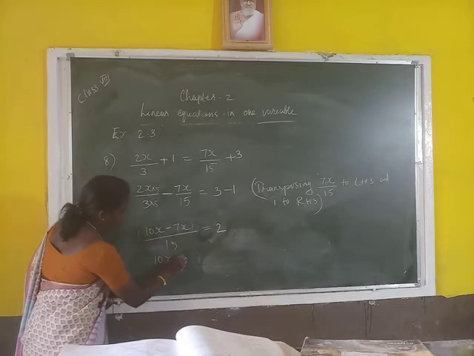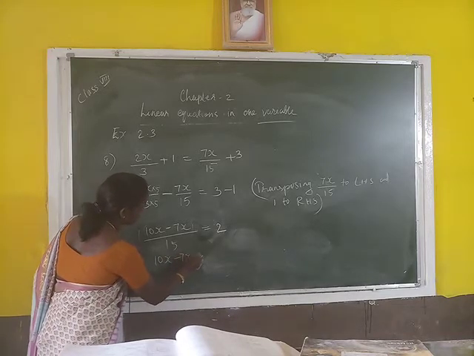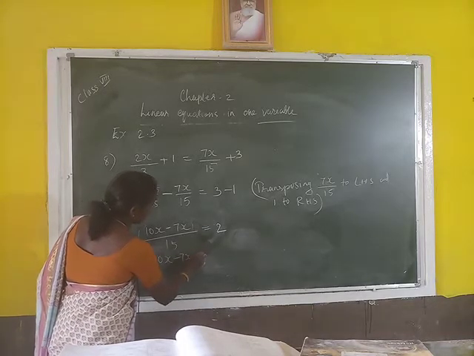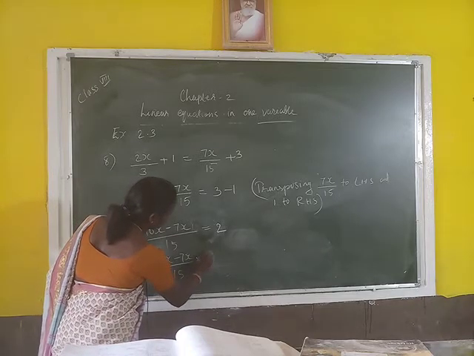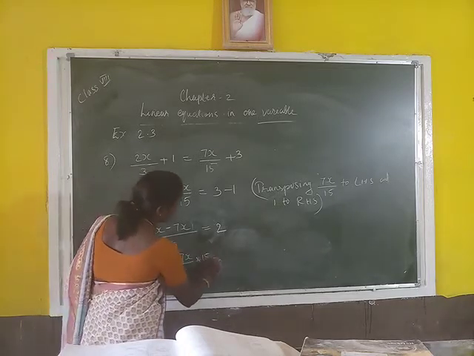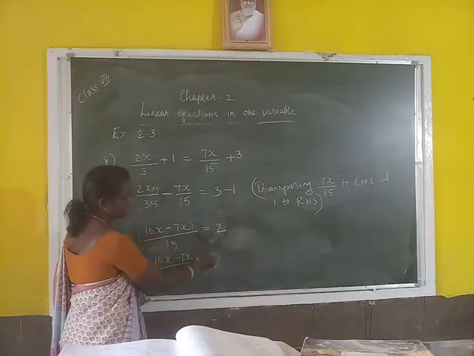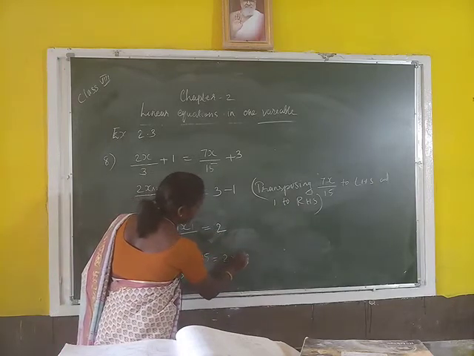10x minus 7x by 50, multiply by 50. And the right side also multiply by 50.